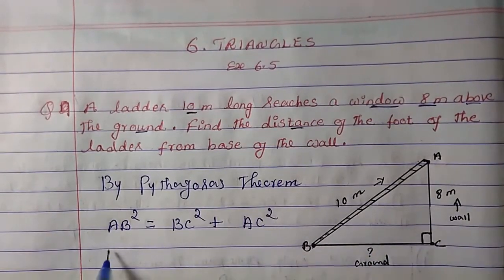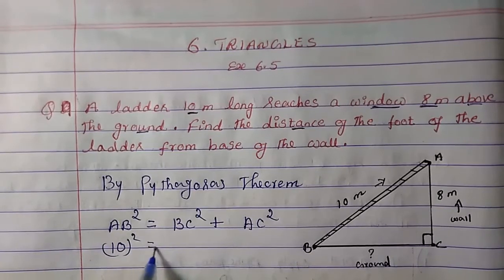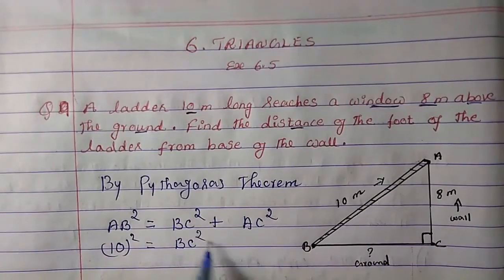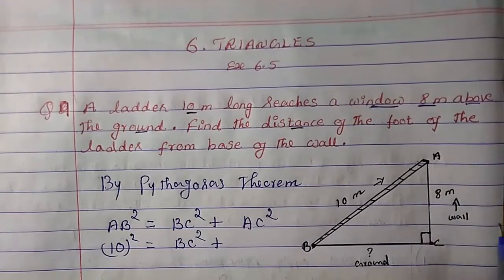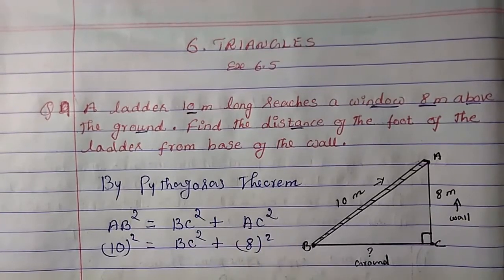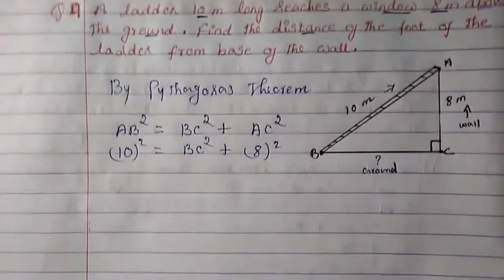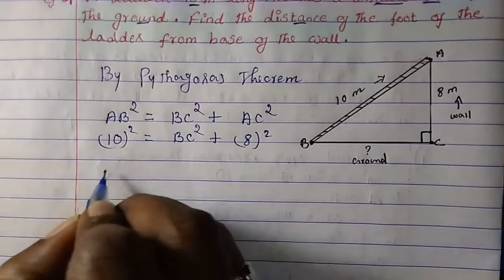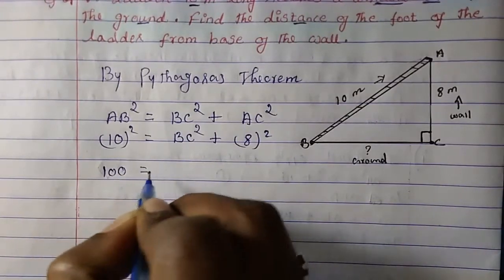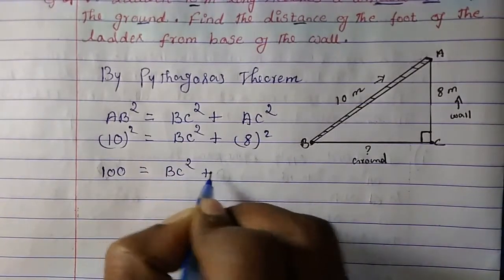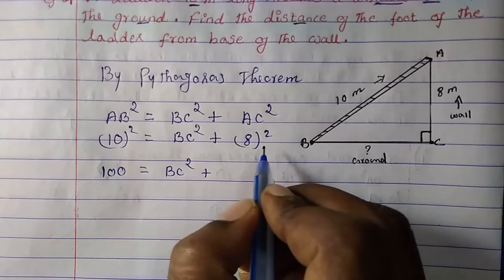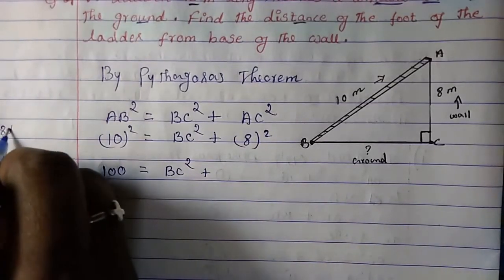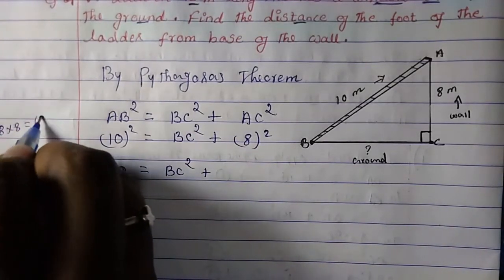So AB is how much? 10. BC we have to find out. AC is how much? 8. So 10 square will be 100. BC we don't know. 8 square, 8 into 8, right? 64.